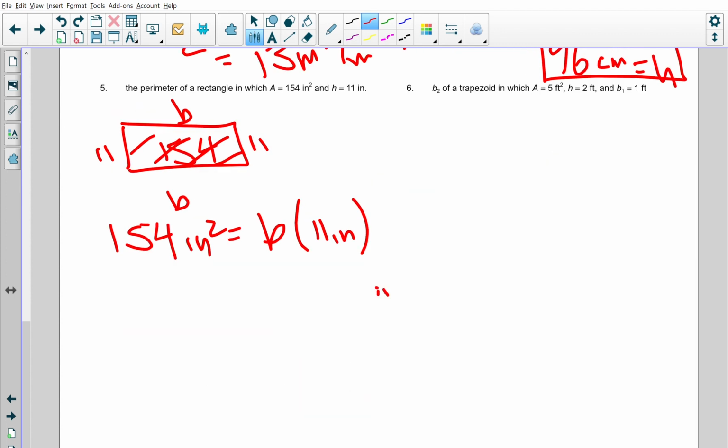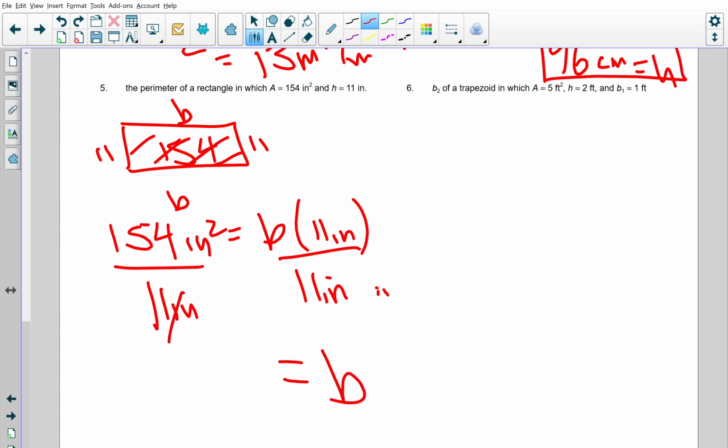When you divide by 11 inches, your inches crosses out with your squared, and 154 divided by 11 has to be 14.